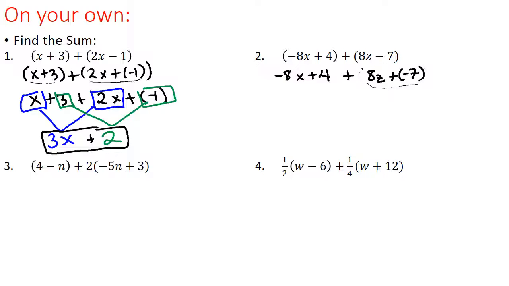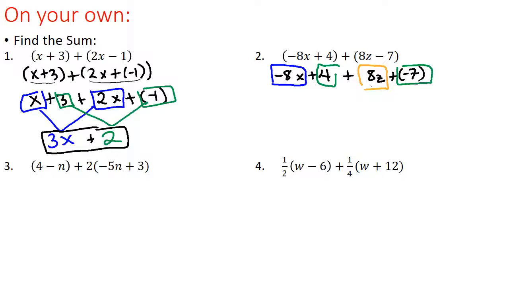As I do that, I can look for my like terms in here. So I have negative 8x, I have 4, I have negative 7, and I have 8z.